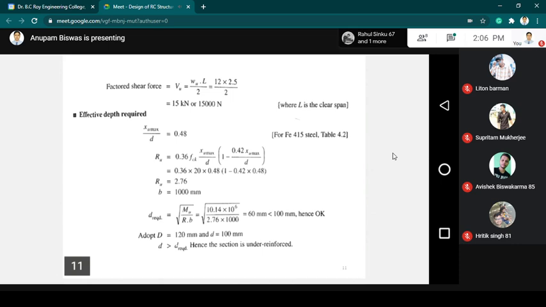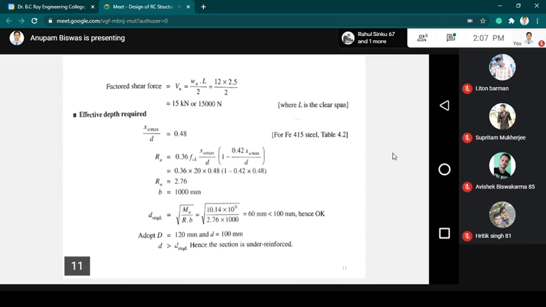With the grade of concrete given as 20, from here we can obtain the value of Ru as at least 2.76. Considering width b as 1000 mm, the depth required can be obtained from the formula root over of Mu by Ru b.